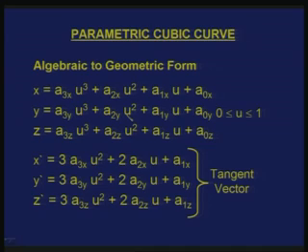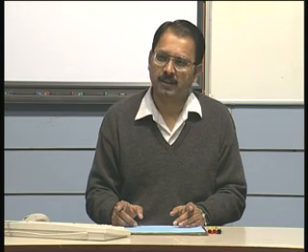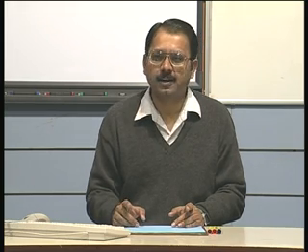So, you have already given 6 inputs, start point and end point. Similarly, I also provide the tangent vector at the starting point, that is the x prime, y prime, z prime value at u equal to 0, and also the tangent vector value at u equal to 1. So, you are giving a total of 12 inputs. Earlier also you had 12 inputs. Now, the only thing is, instead of giving 12 algebraic coefficients, I am giving only the start and end points and the tangent vectors at start and end points.